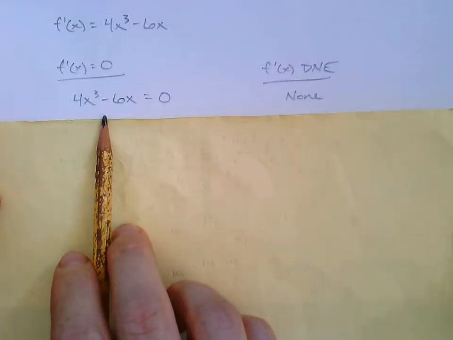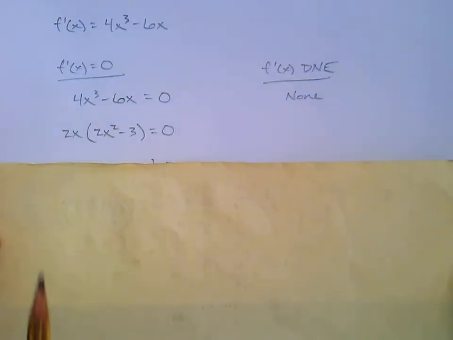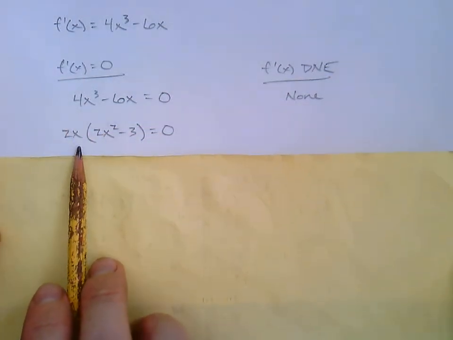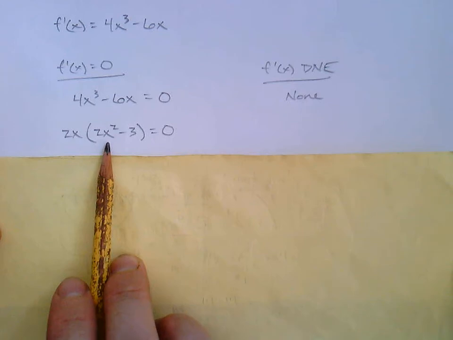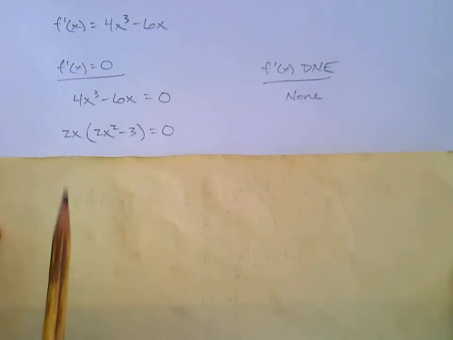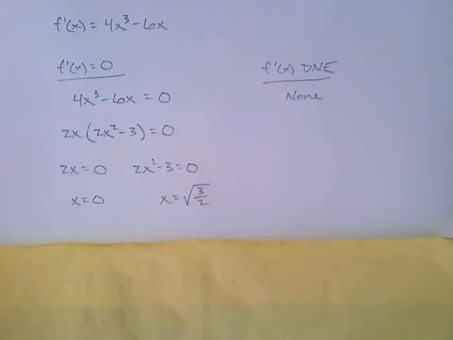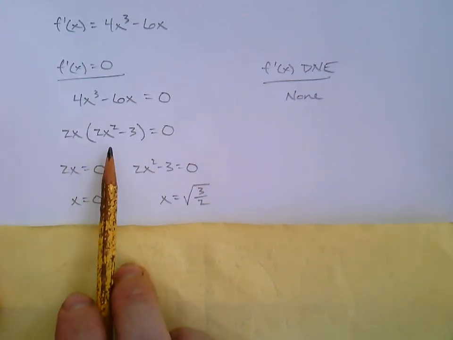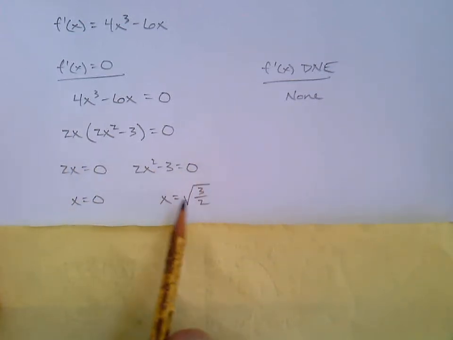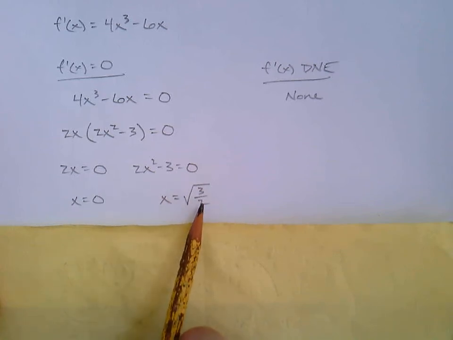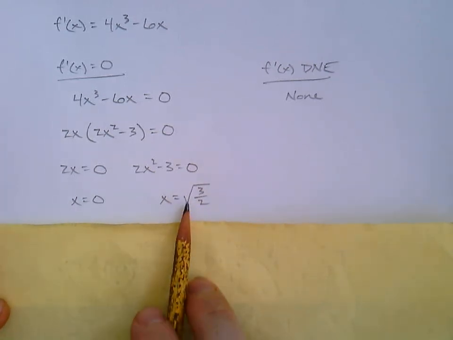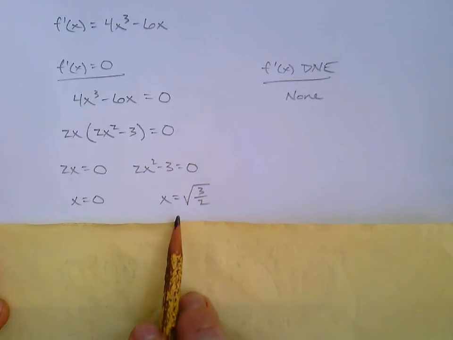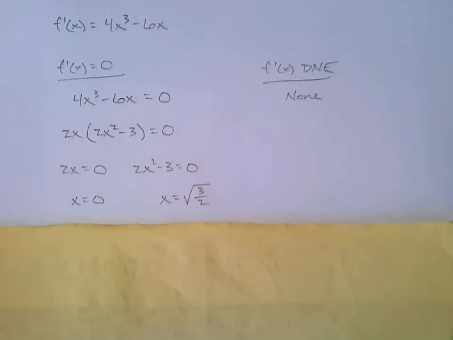Okay, this one, let's see. Solving there, let's factor out 2x. Leaves behind 2x squared minus 3. Setting both of those to 0. I'm just going to show you my work here. All right, we get x equals 0. And from the other one, adding 3 divided by 2, square root, we get square root 3 over 2. Again, we can ignore the plus or minus because we're only looking at positive x values.